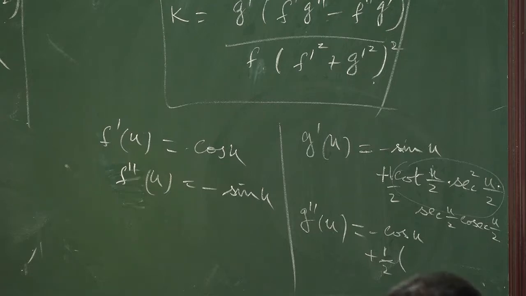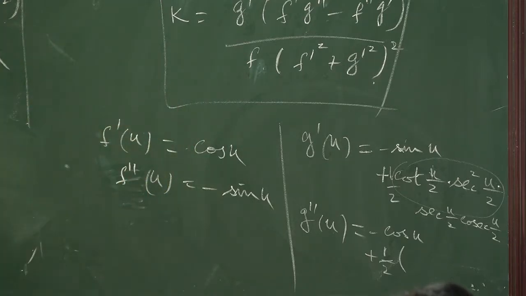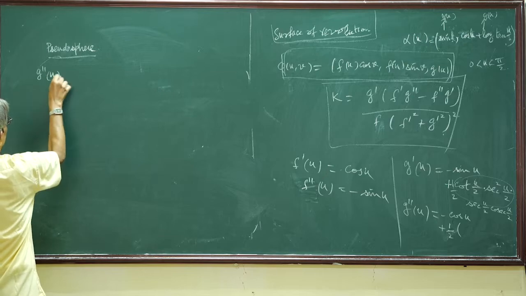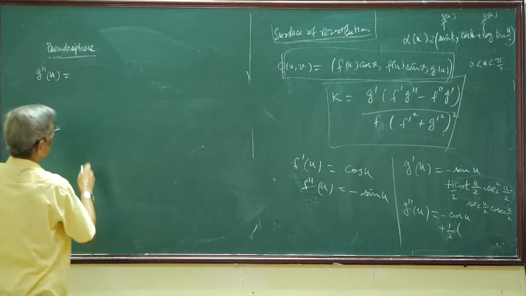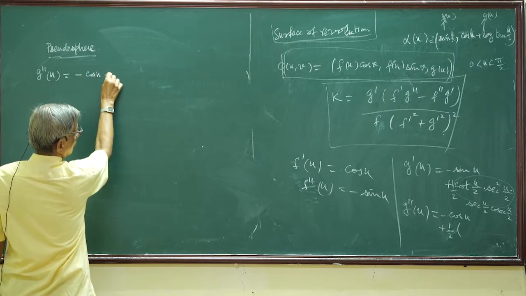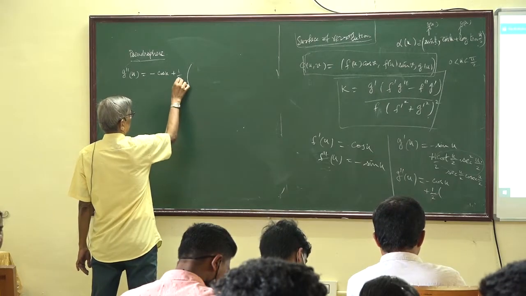Differentiate secant, you get secant tan, is it? And for cosecant, you will get a negative sign. So maybe we will write it here. There's not much space there. We'll get another half, I suppose.